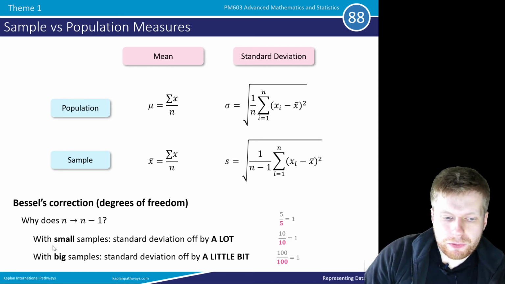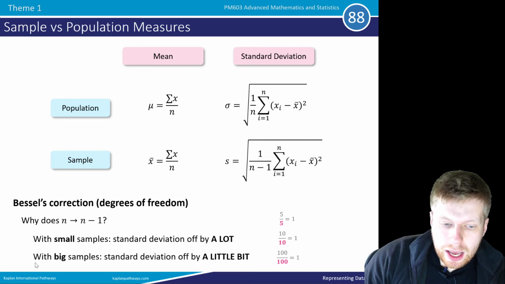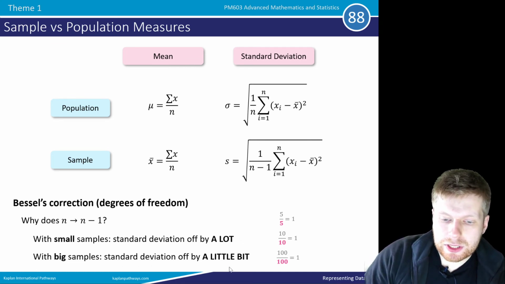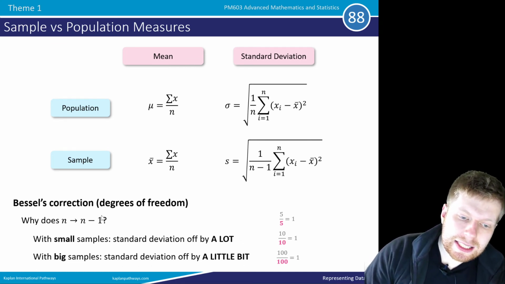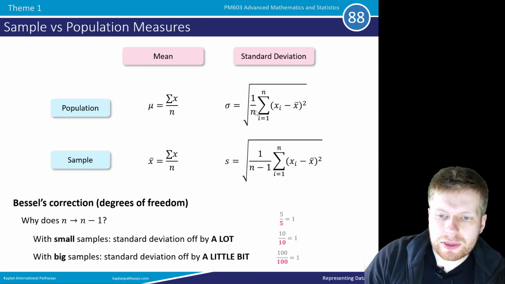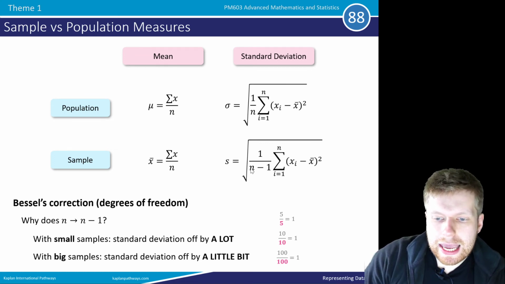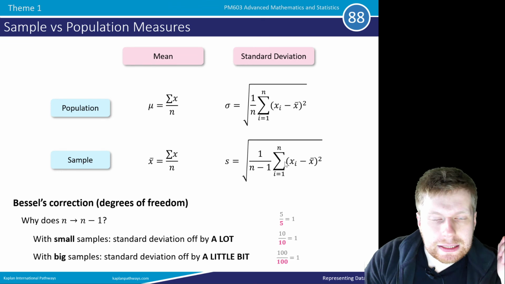So if I want to say that the sample's standard deviation is off by a lot for small samples, and off by a little bit for big samples, I can just say that if you've got a sample, use n minus 1 instead of n. So you can see for this formula here, you've got n on the denominator, whereas with this formula here, you've got n minus 1 on the denominator.